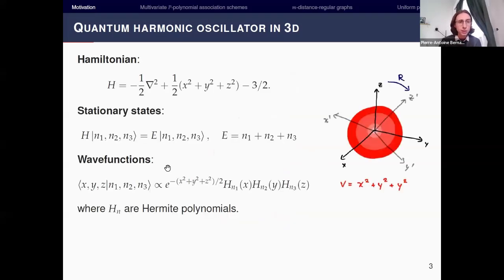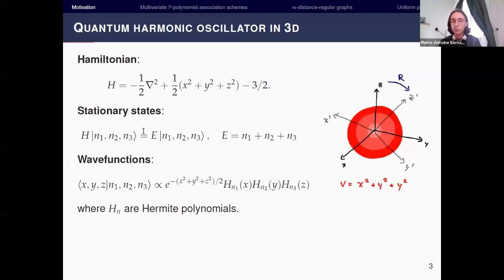Well, we can formalize the question a bit. The Hamiltonian of the particle in this setting is given by the operator on the top. It's basically a Laplacian plus a term which is the quadratic potential. If you're interested in the energies of the system and the stationary states, you need to diagonalize this Hamiltonian and solve the eigenproblem for this operator.